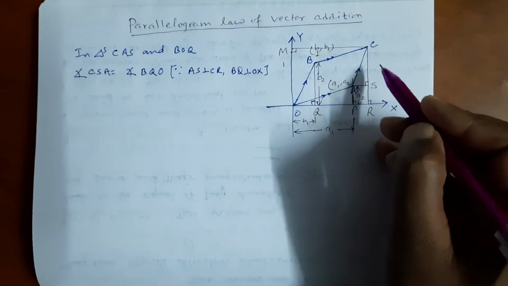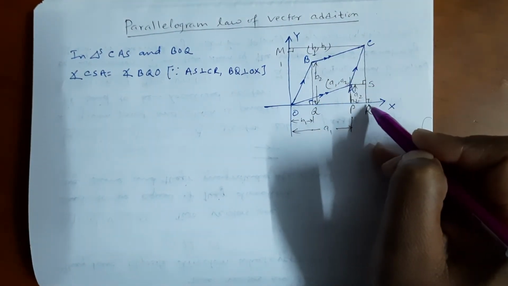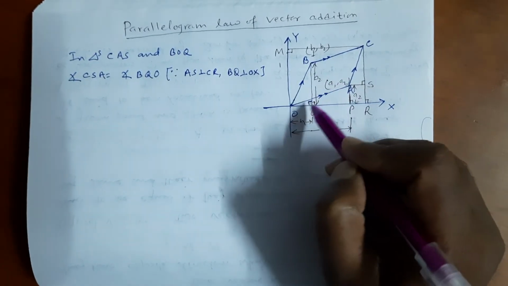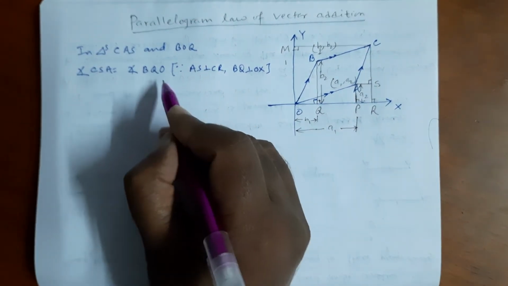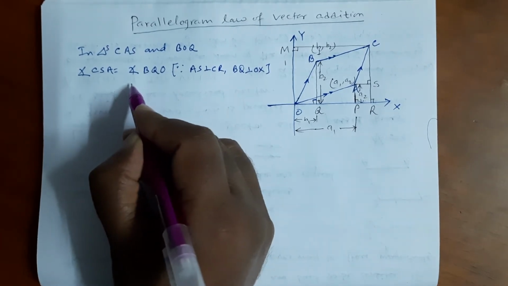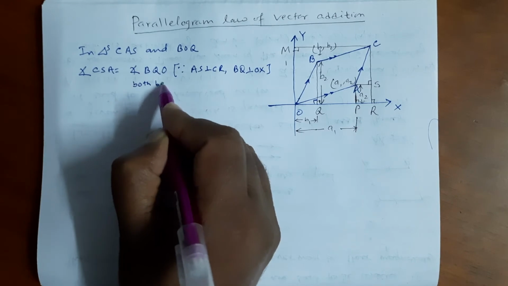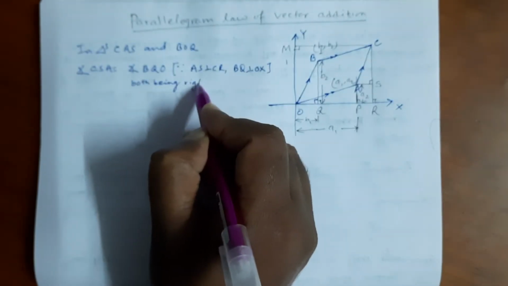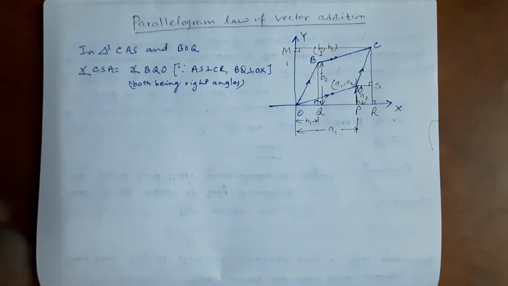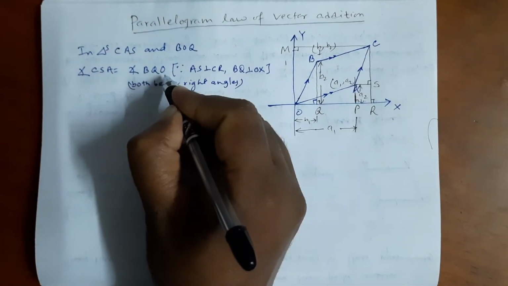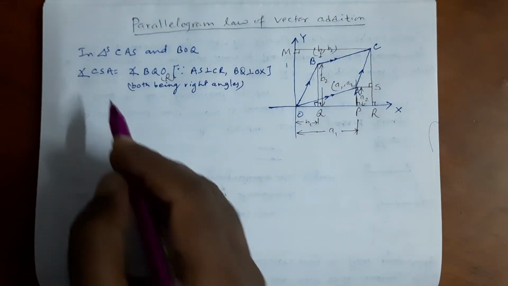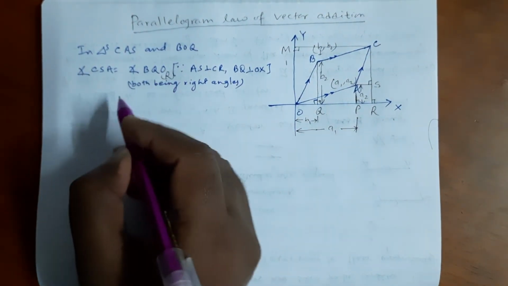As AS is perpendicular to CR, CSA is 90 degrees, and BQ is perpendicular to OX, so BQO is 90 degrees. Both being right angles, they are equal. For this we can write R here, for right angle.